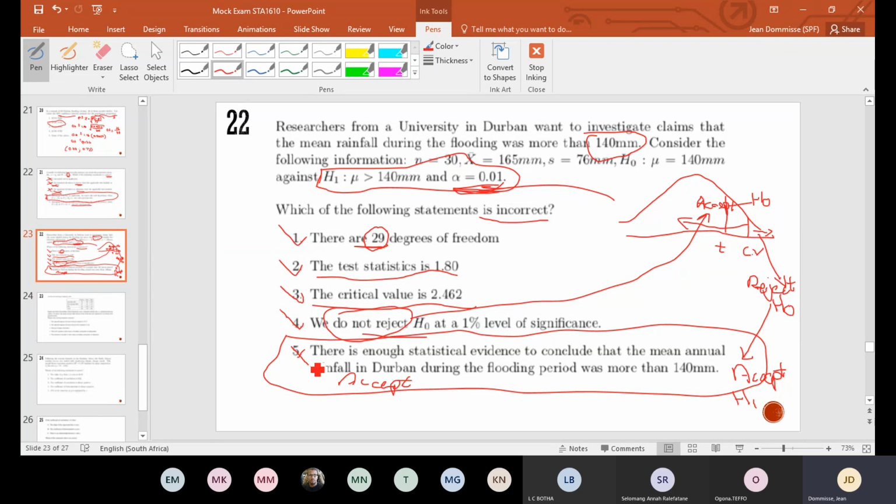If your t-stat that you calculated is bigger than your critical value, then we reject the null hypothesis. Rejecting the null hypothesis is exactly the same in meaning as accepting the alternative. Okay, happy with that one.